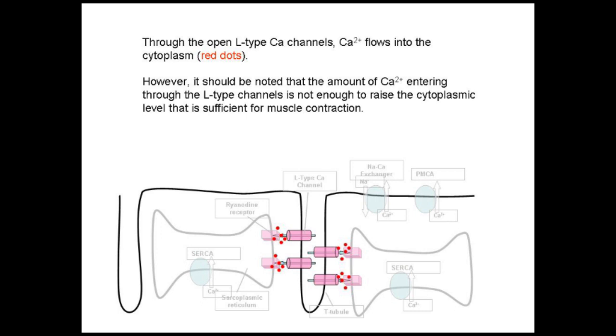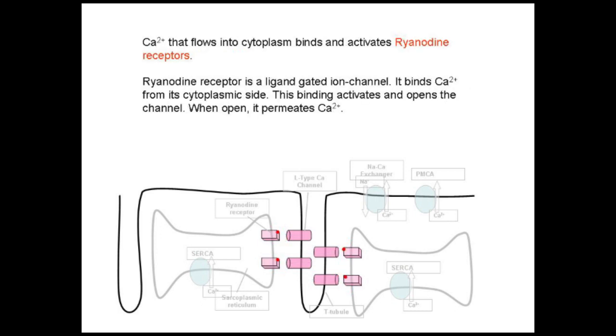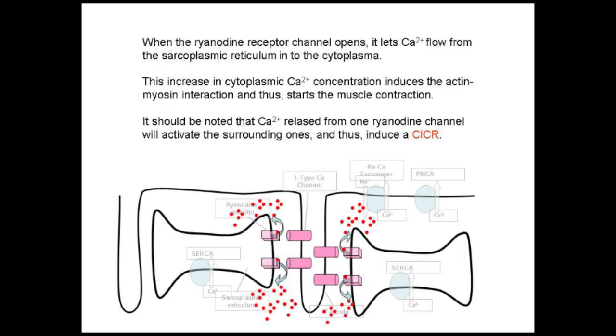They bind to the ryanodine receptors, which are on the sarcoplasmic reticulum membrane, and in close proximity to the L-type calcium channels. When ryanodine receptors bind calcium from the cytoplasmic site, they activate and open, and they can permeate calcium ions.